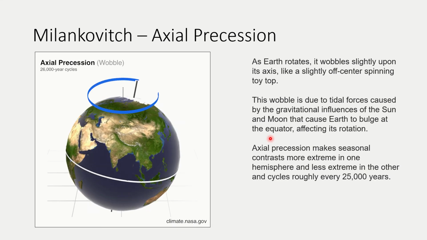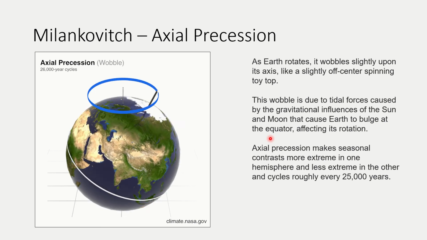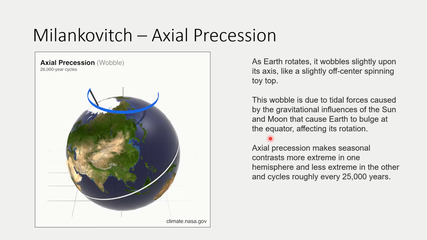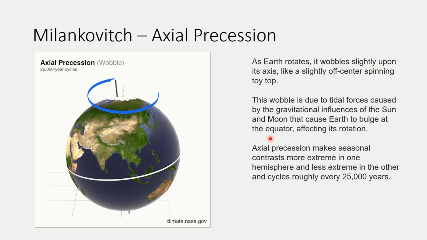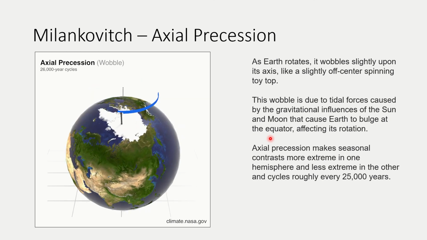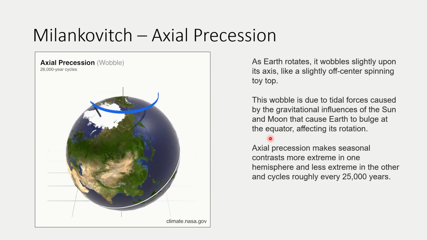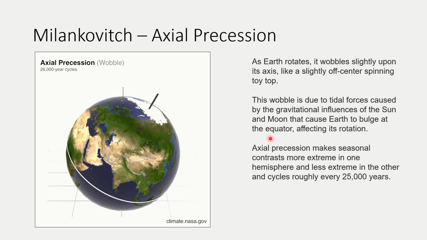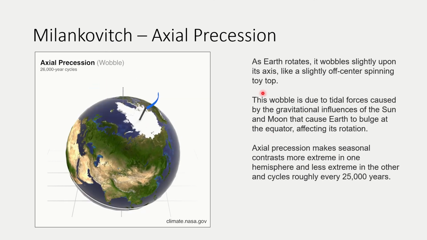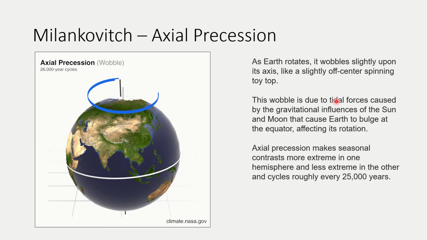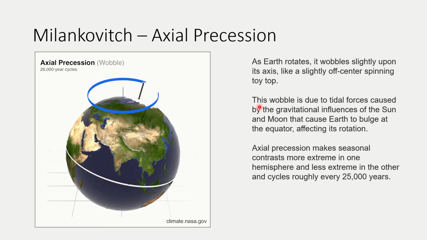The last one, if you've got a great three-dimensional imagination, you can imagine these all happening at the same time, remember, because they are all happening at the same time, is axial precession. And this one I'll speak about more briefly, mainly because by the time you've spoken about eccentricity and obliquity, you have definitely scored all the marks in the answer. But let's just be thorough. As the Earth rotates, it wobbles on its axis as well, and this is called axial precession.